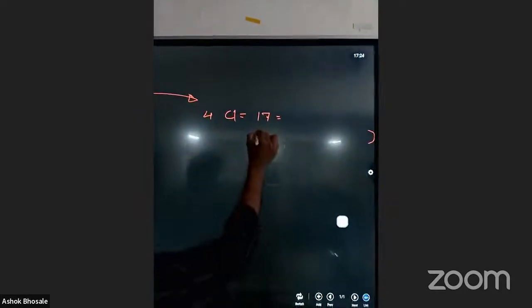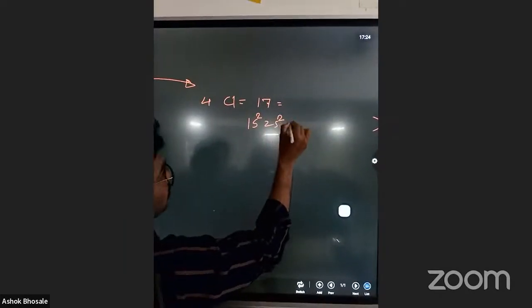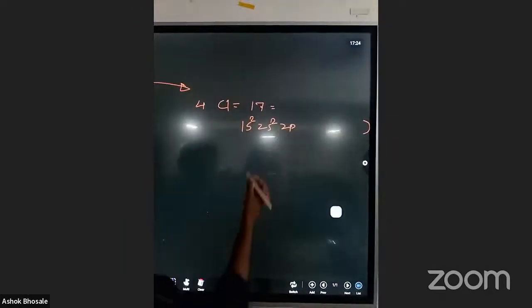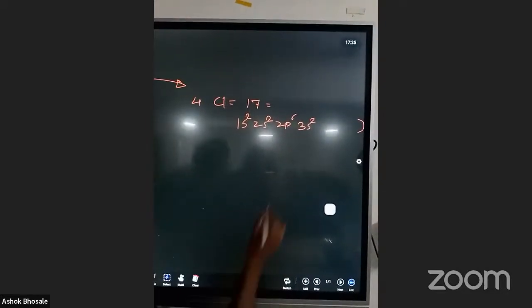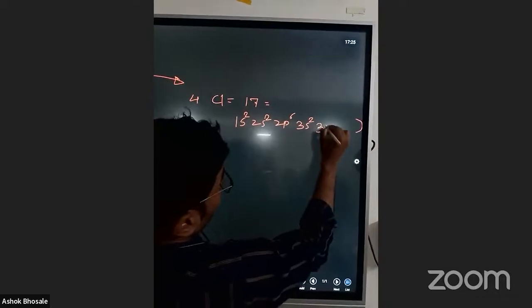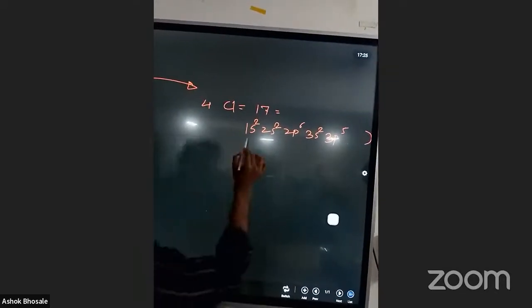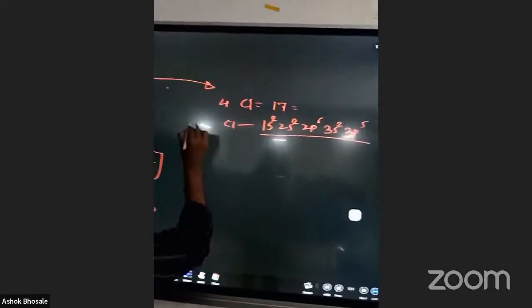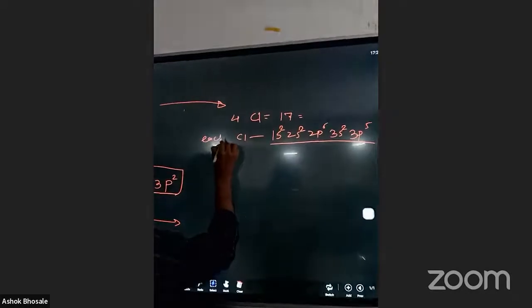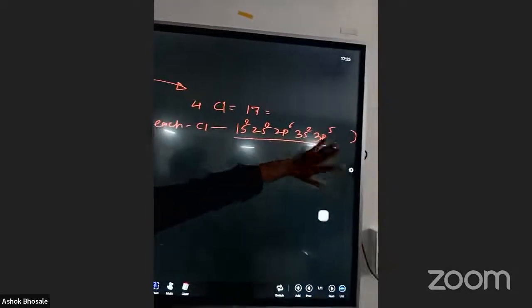Their electronic configuration is 1s2, 2s2, 2p6, 3s2, 3p5. This is the electronic configuration of each chlorine atom.